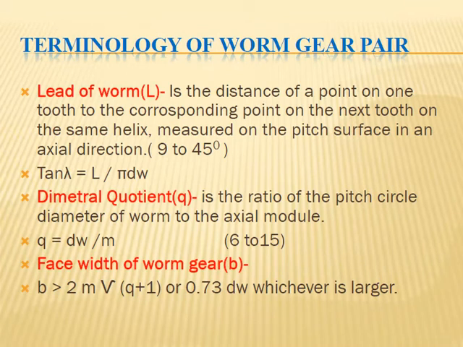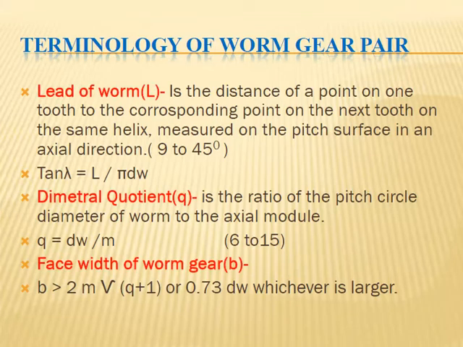At the time of selection of this normal pressure angle phi n, when lambda is less than 15 degree, the normal pressure angle can be taken as 14.5 degree. And if the lead angle lambda is in between 15 to 30 degree, at that time normal pressure angle should be taken as 20 degree.